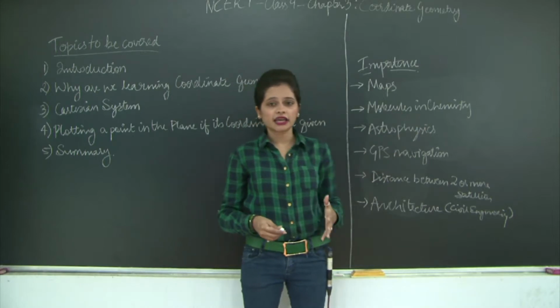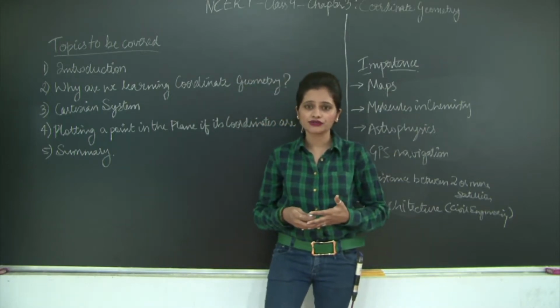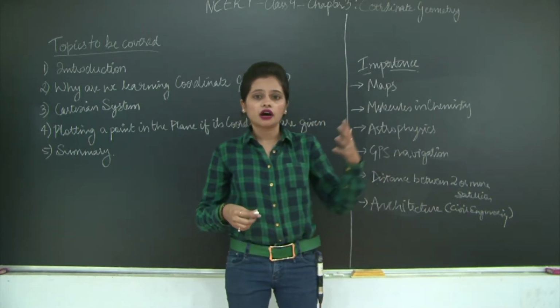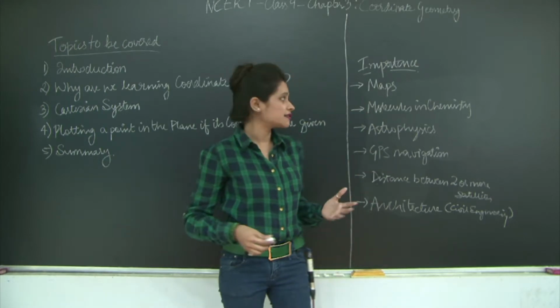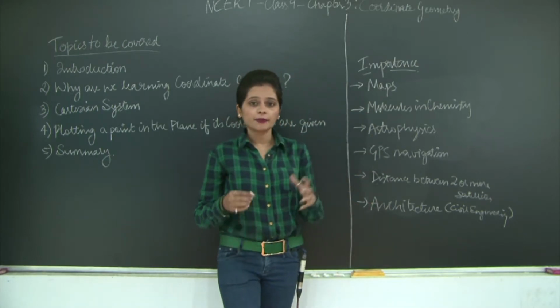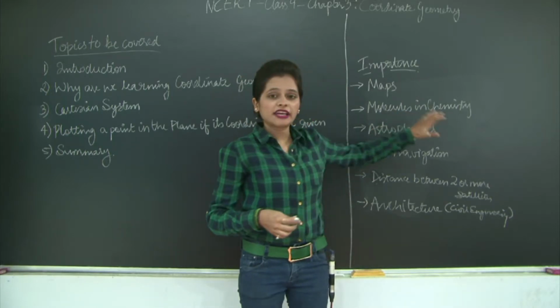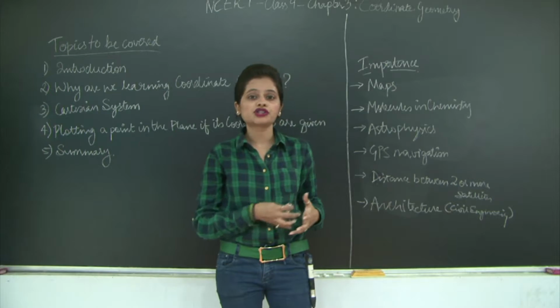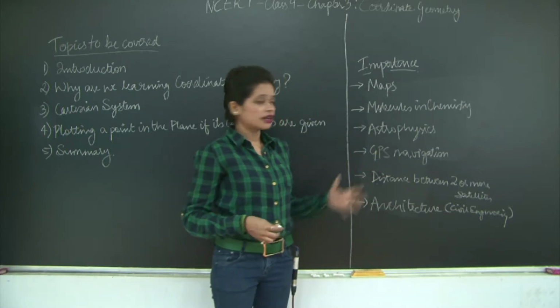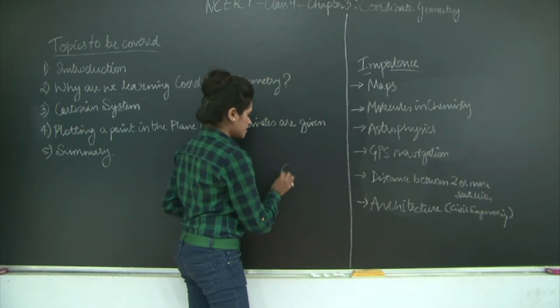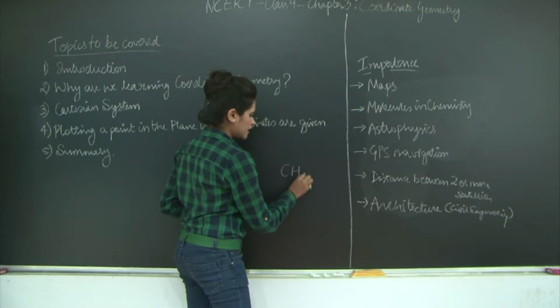Then molecules in chemistry. If you take up chemistry in your future classes or in your future academic years, you will understand that the molecule's behavior changes depending on the position of its atoms. So, let's say something like methane.